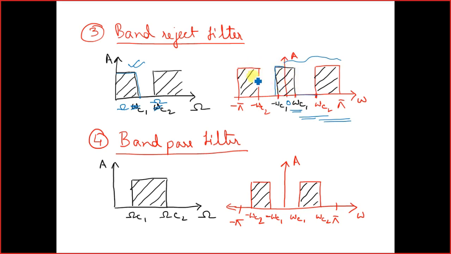So because of that, we get these two responses, minus pi to minus of omega c2 and minus of omega c1 to 0. So this is the response of the band reject filter for the digital filters.